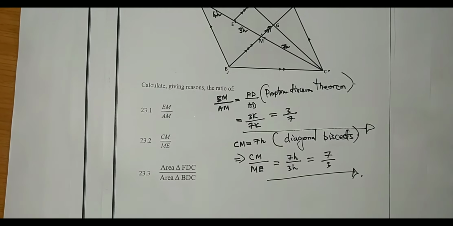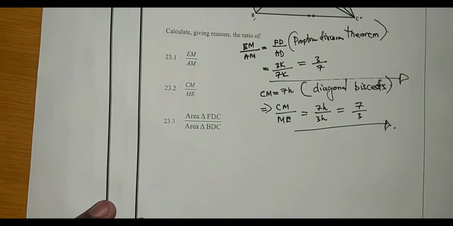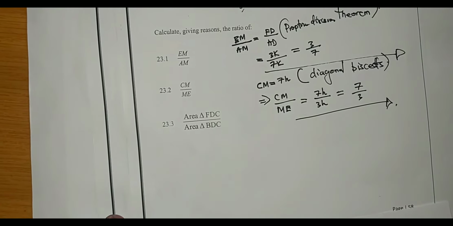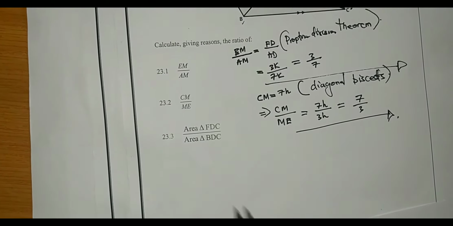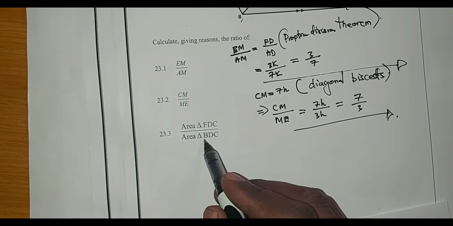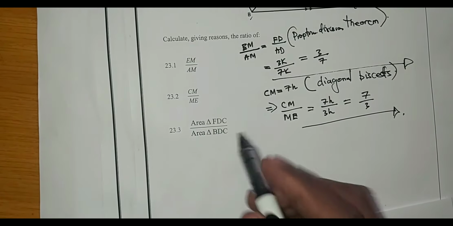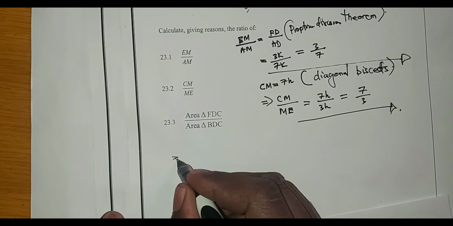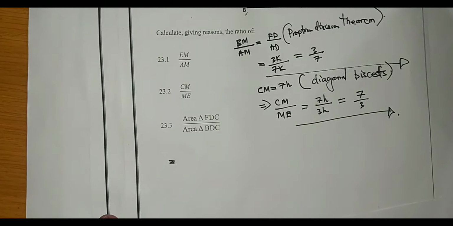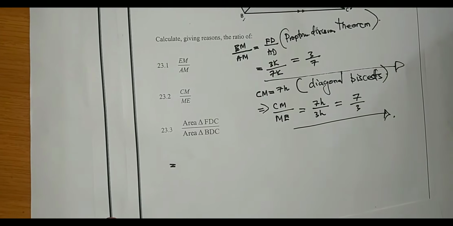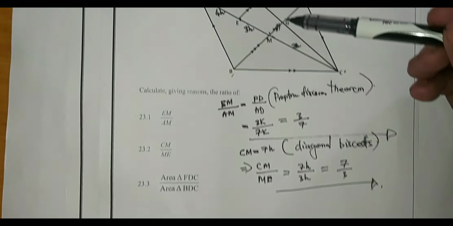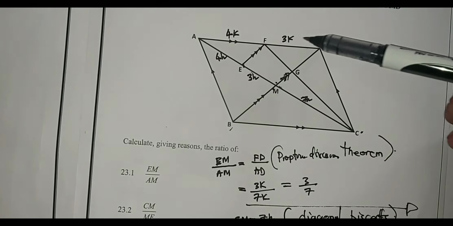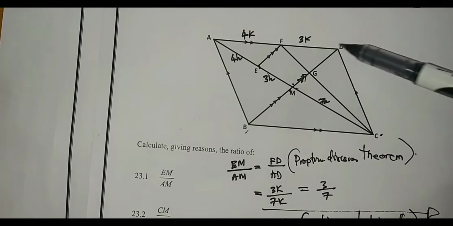Good. Then, still on number 23, I now have to find the area of triangle FDC over area of triangle BDC. So we are going to say equals to, look at the triangle FDC. Let me show you on the diagram, triangle FDC. So can you see that one?